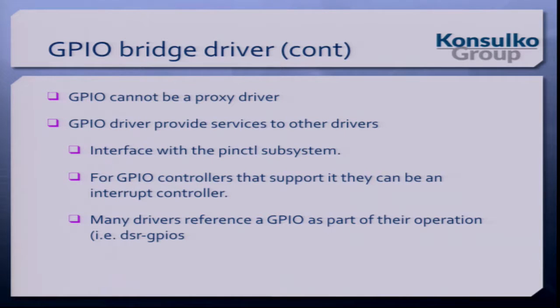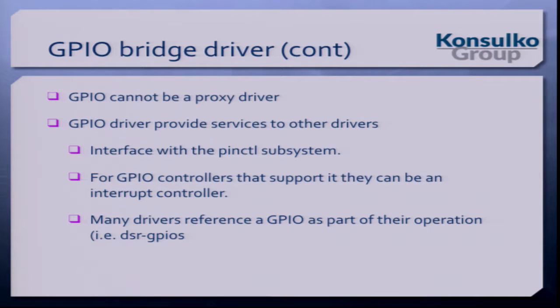So why is the GPIO driver a bridge driver? Because it actually provides services to other drivers on the connector. We have an example where you have a relay expansion board, and those relays are configured as LED drivers, and that LED driver references the connector GPIO driver.